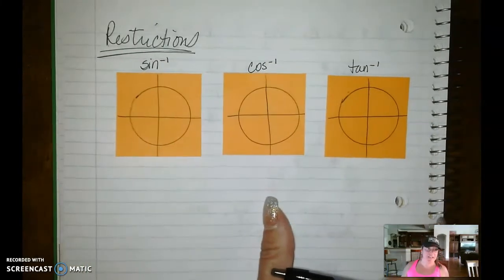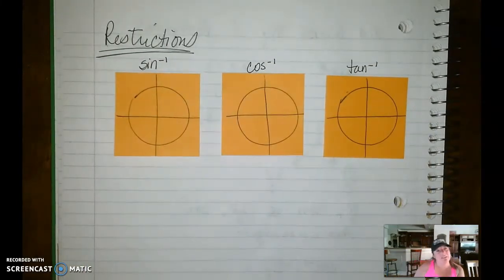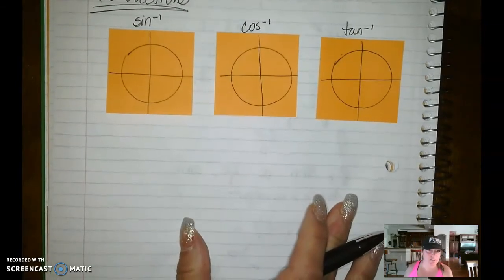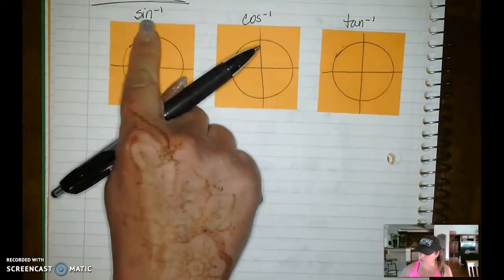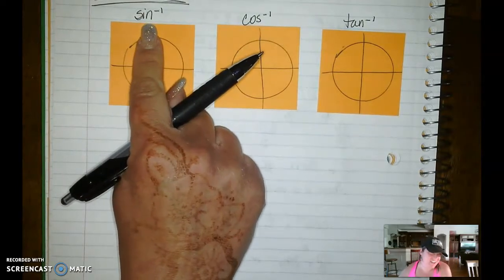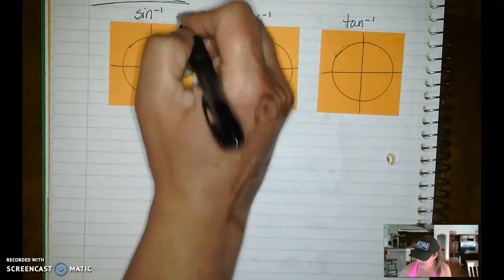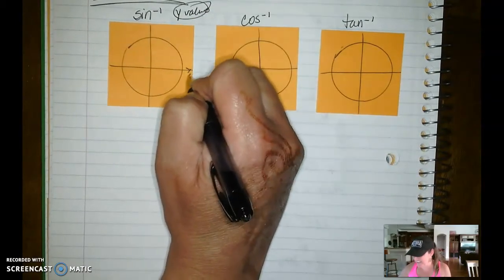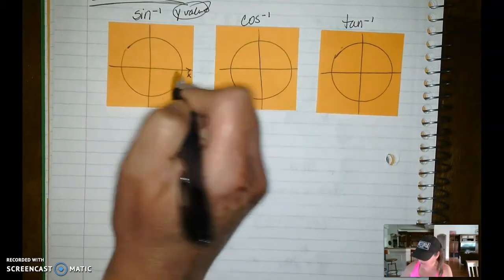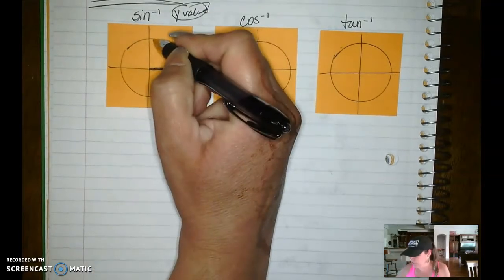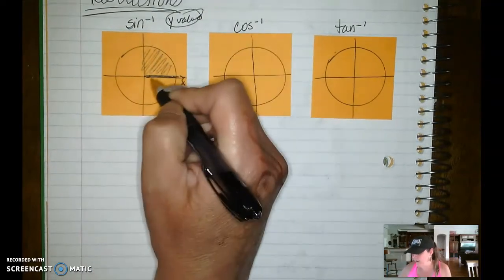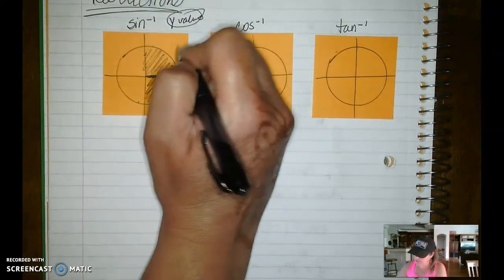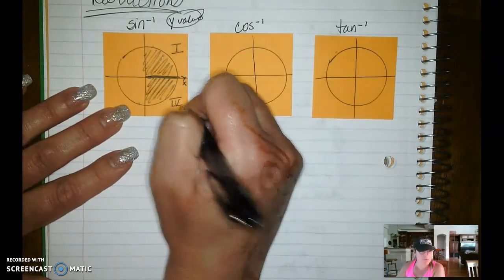Okay, so all of that is going to lead us to this idea of having restrictions. Just taking a look at the unit circle, when we're looking for the inverse sine, remember, sine is the y value. So we're going to stay on the positive x-axis, and we're only going to look at what angles are from here to here, so in quadrant 1 and quadrant 4.